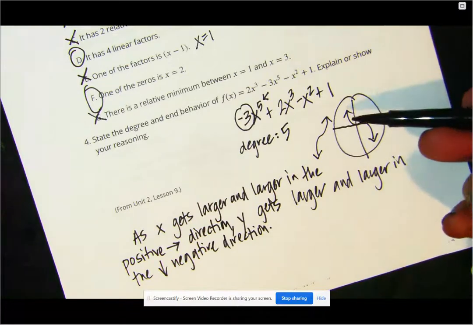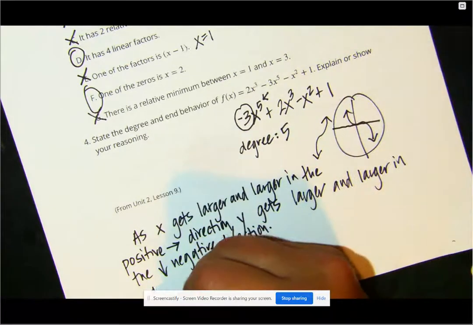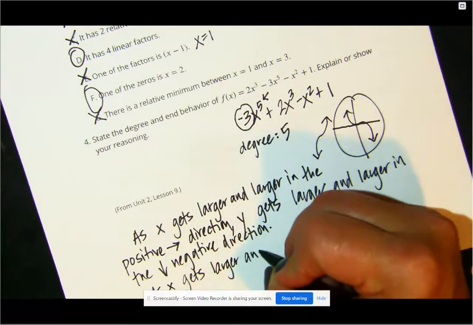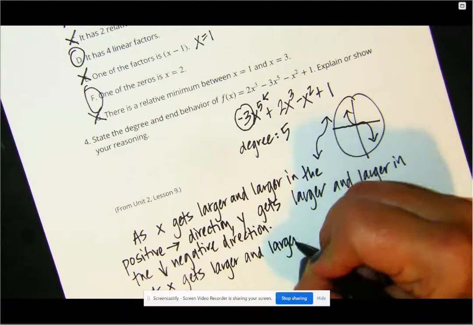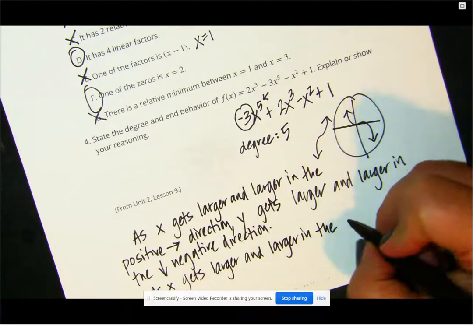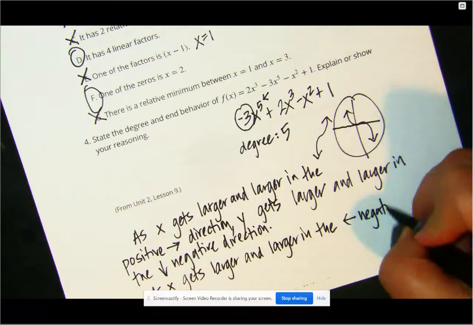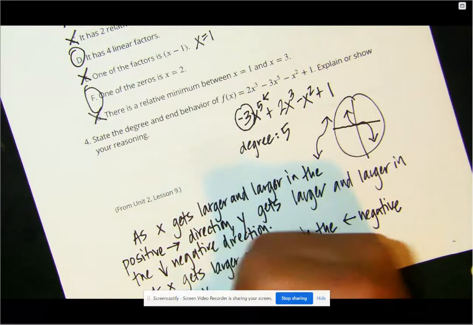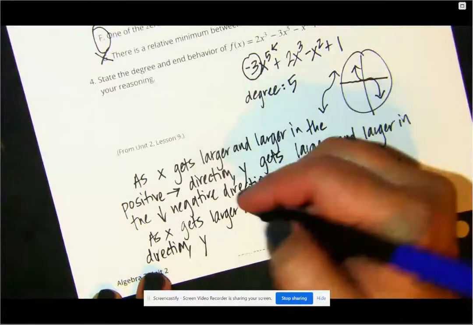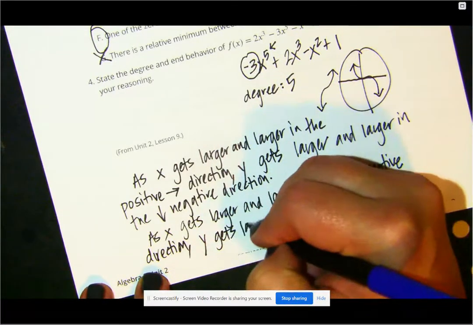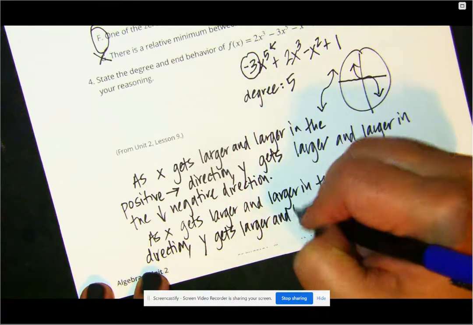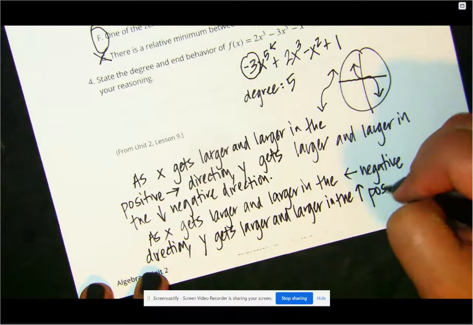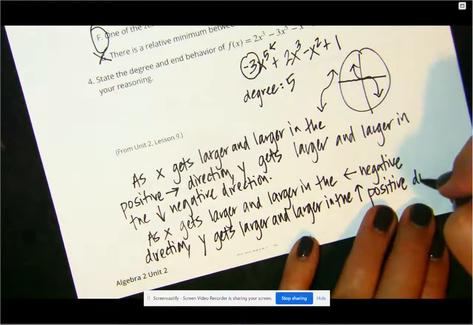Now, as I go to the left, as x gets larger and larger in the negative direction, just to the left, y gets larger and larger in the positive direction.